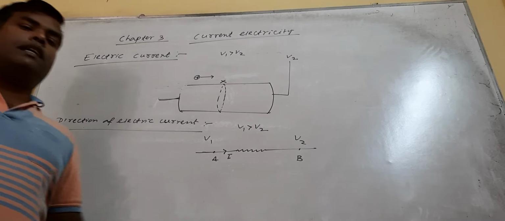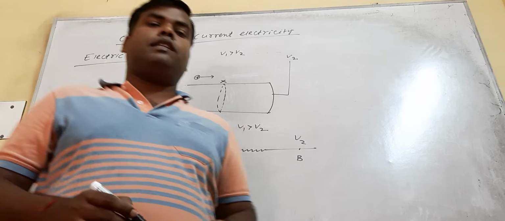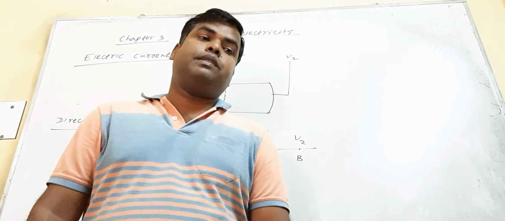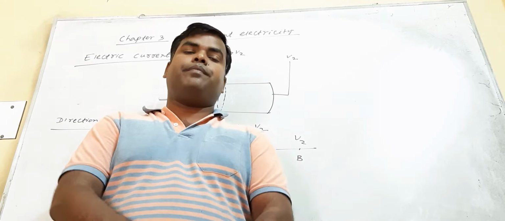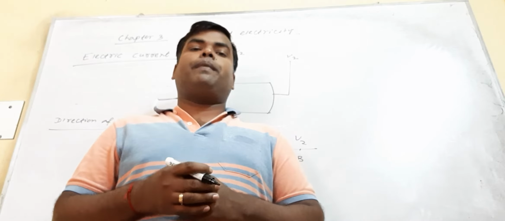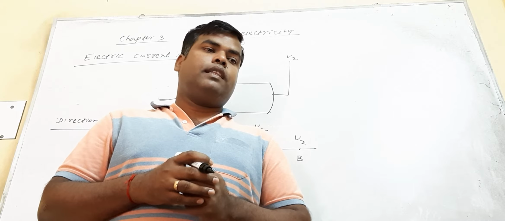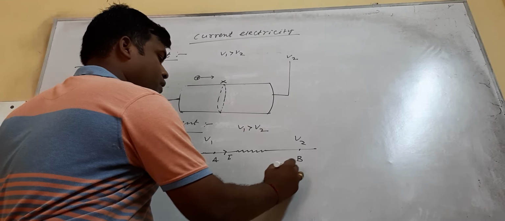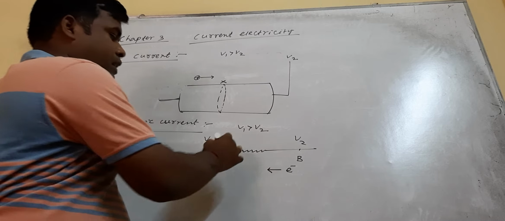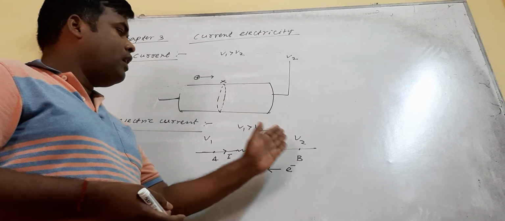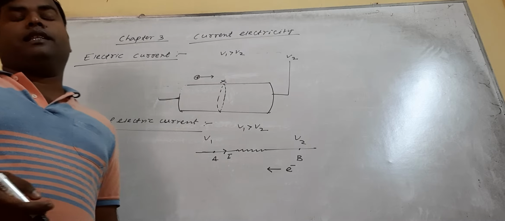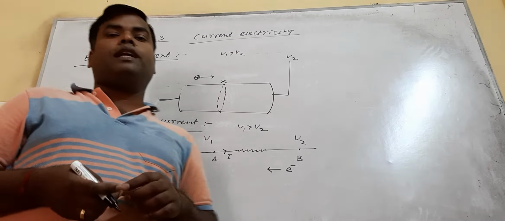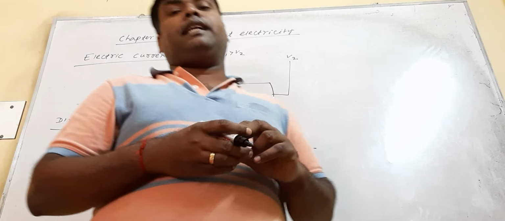The direction of electric current is from higher potential to lower potential, along the flow of positive charge. It is by convention, or you can say it is the conventional current. Then what is the direction of flow of electrons? Electrons flow in the opposite direction of electric current, that is from lower potential to higher potential, or you can say it is the electronic direction of electric current.